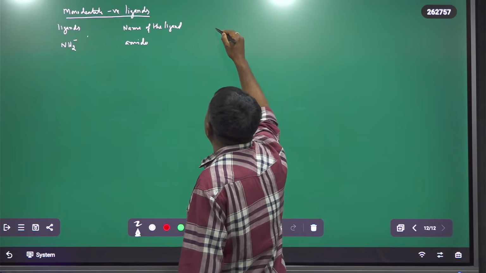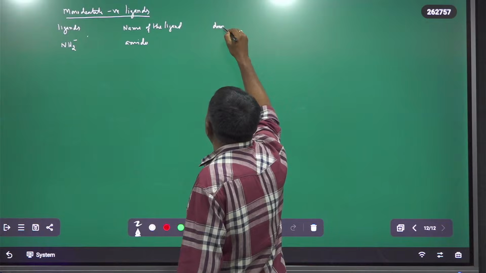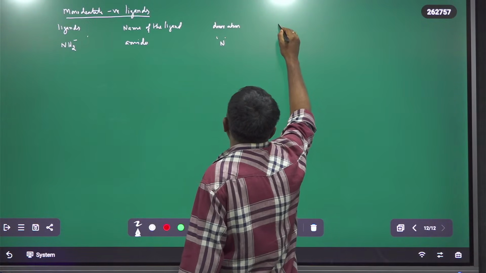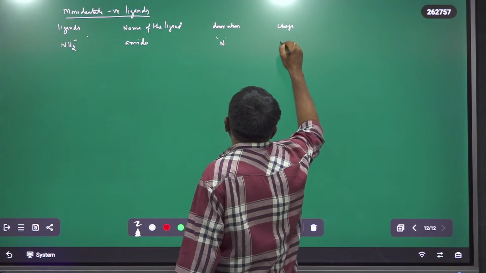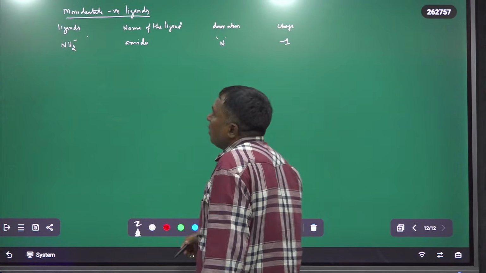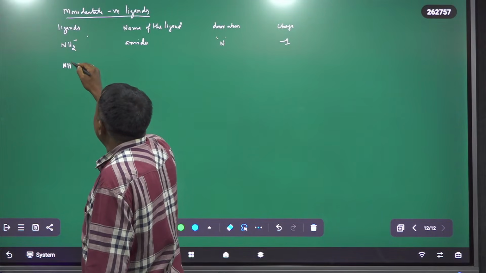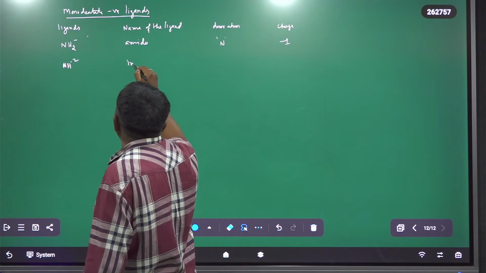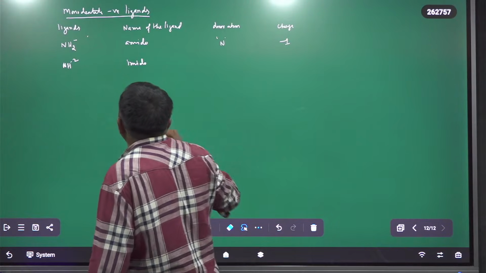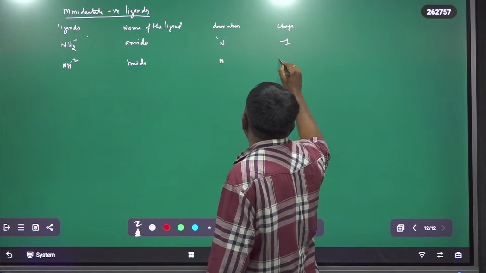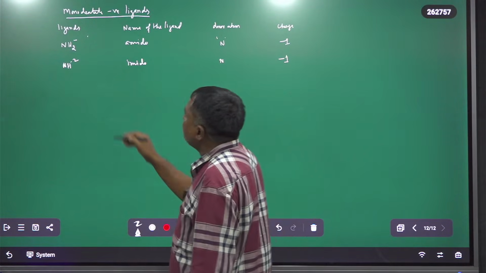Donor atom is nitrogen in this case, and charge on the ligand is -1. Then NH minus 2 is the imido. In this also nitrogen is the donor atom and charge is -1.